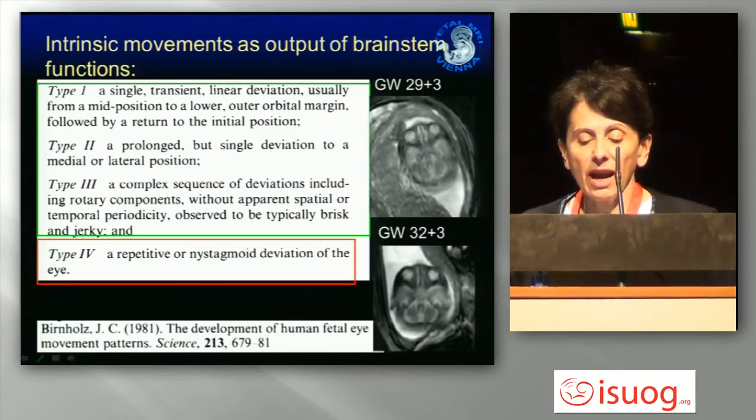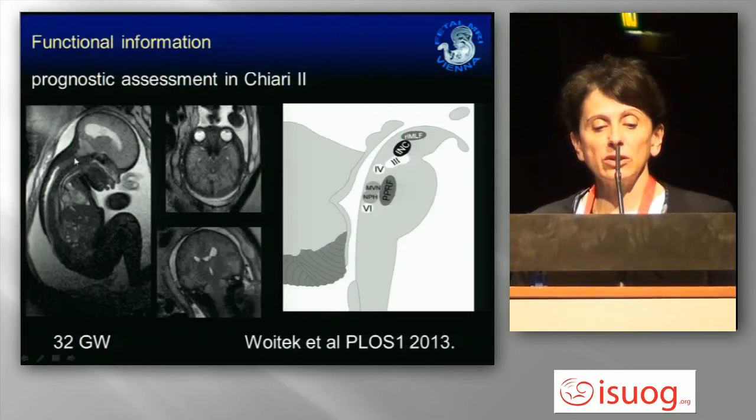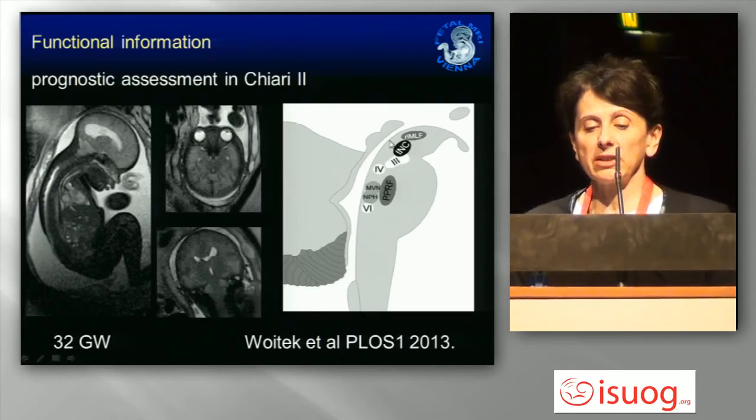Well, how can we use that? There are situations, as you know, when the brainstem is compressed. Here the Chiari-2 malformation, and here is just a schematic drawing out of the paper of one of my fellows that shows you what are the main functions in the brainstem.